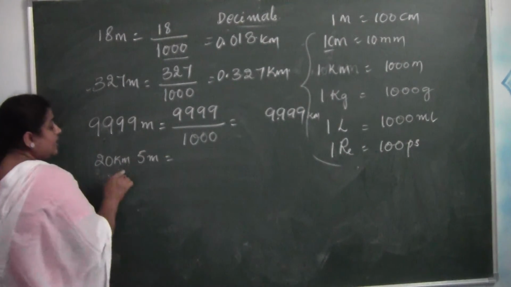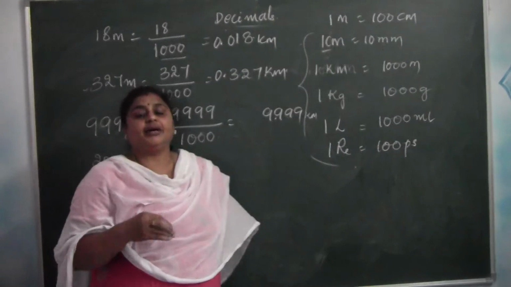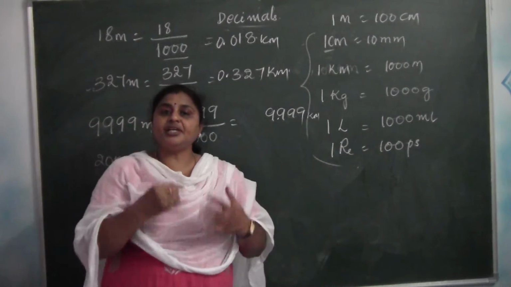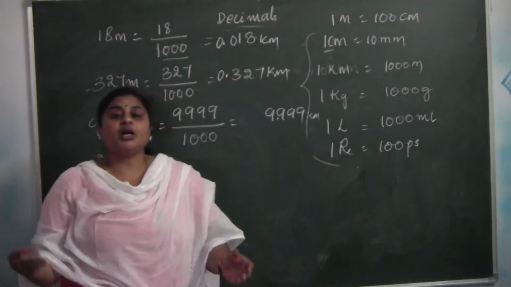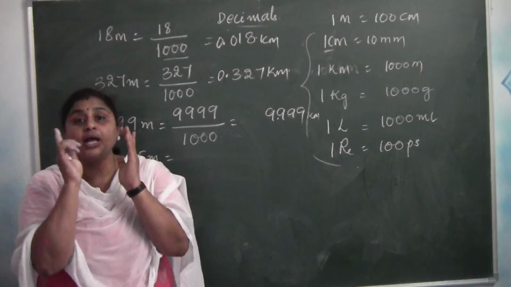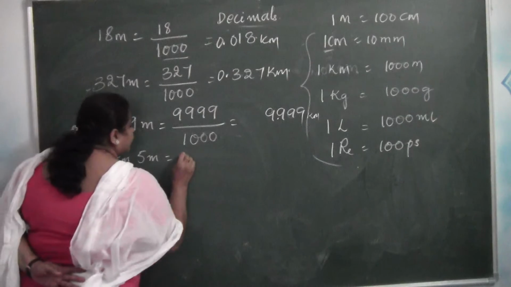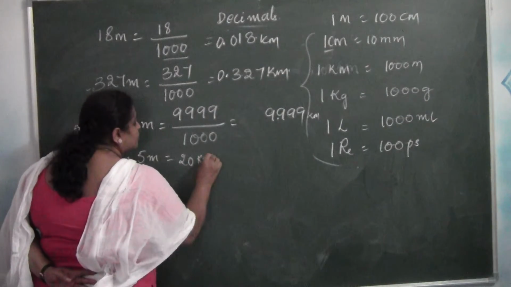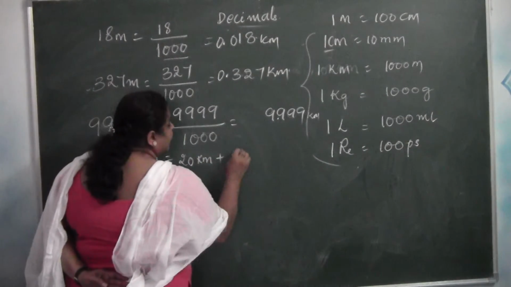Okay. Next, 20 kilometers 5 meters. So here we have 2 units together. So whenever we have 2 different units together, what are you doing? You are clubbing those two using a basic operation, plus. See, 20 kilometers is already in terms of kilometers, plus 5 meters.